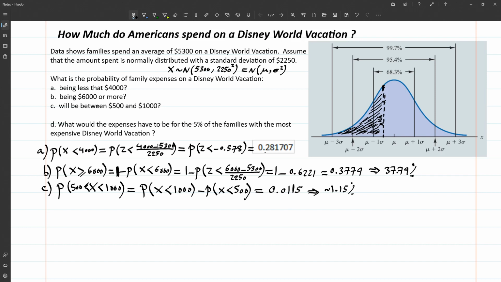Okay, the next question, part D, is what would the expenses have to be for the 5% of families with the most expensive Disney World vacation? In this scenario, it's going to be the reverse process.